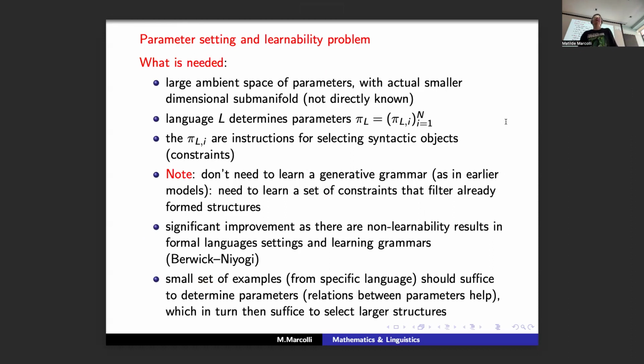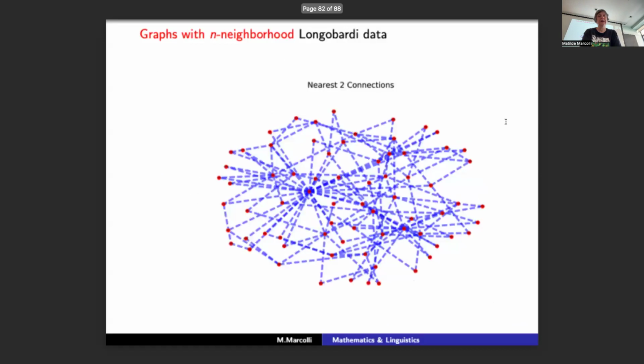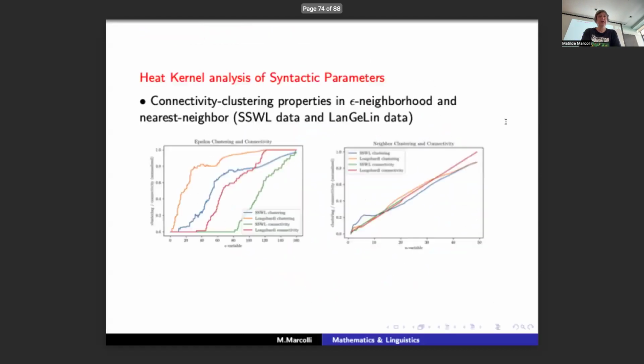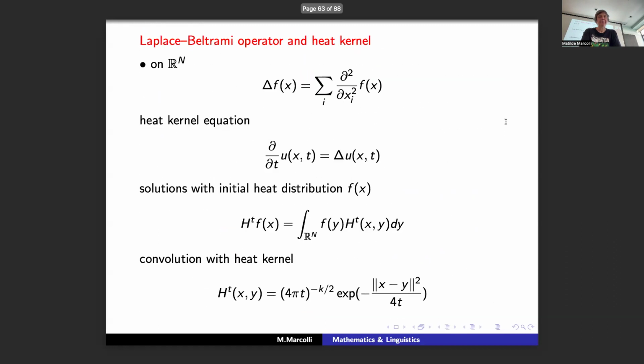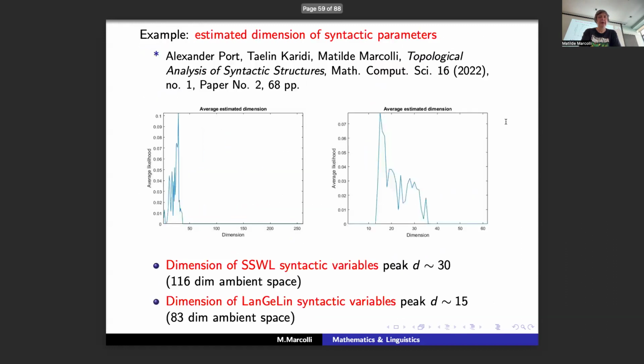So, is there an estimate for the dimension of this matrix? Yes, I mentioned it last time. On the basis of the data that are available, which is a few hundreds, combining these databases, it's about 100 for the SSWL and then about 80-something for the other database.